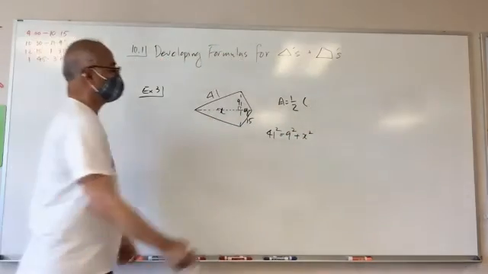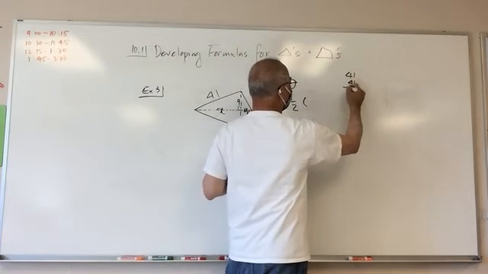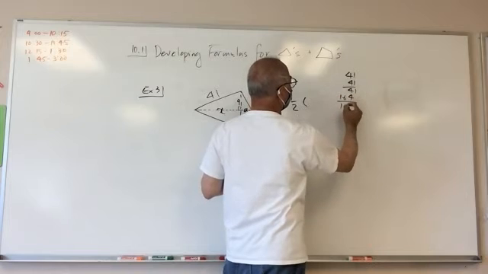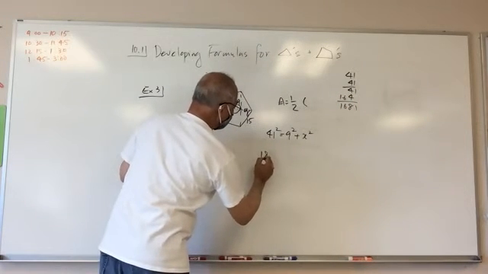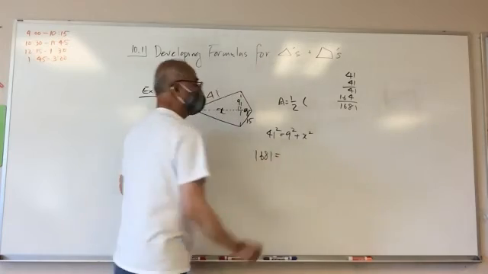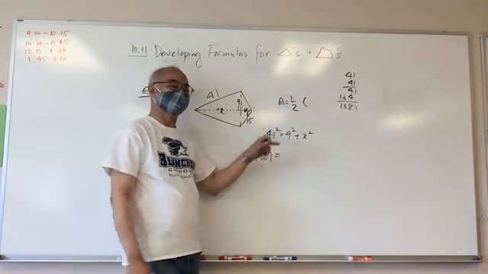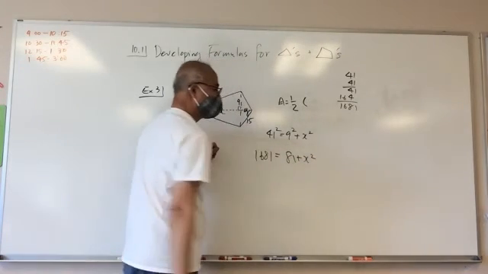Okay, so 41 squared is, anybody memorize this? I don't. This is 1681. I do want to know what 9 squared is. That is 81 plus x squared.